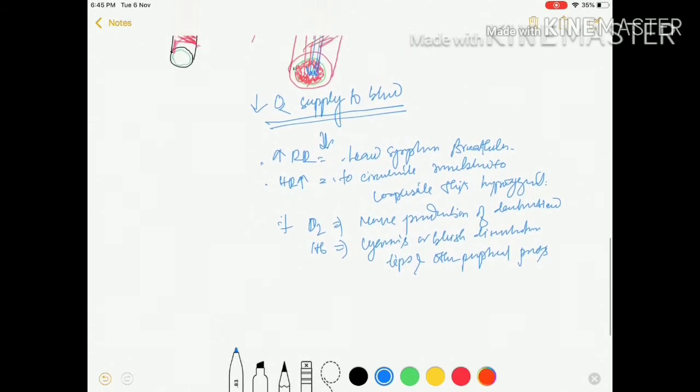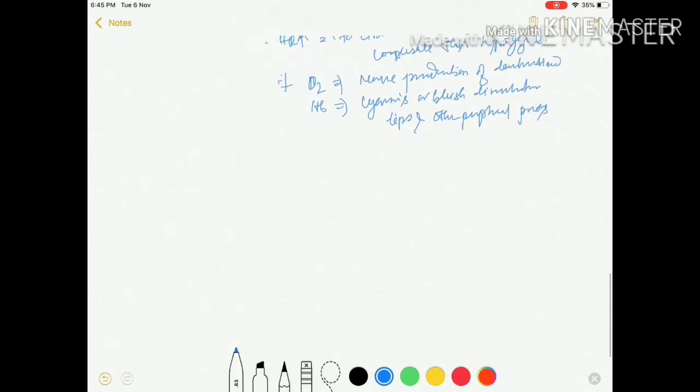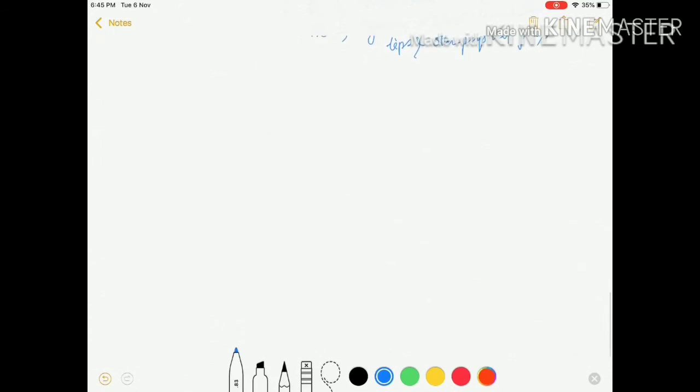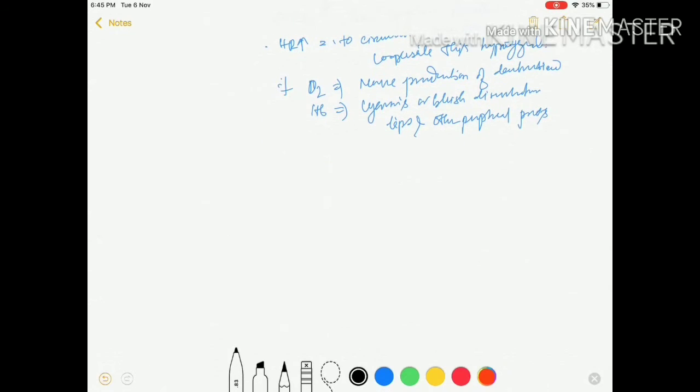But we all know that not everyone suffers from bronchiolitis, so there must be some risk factors. So I will discuss those risk factors that lead to more chances of getting bronchiolitis, and what the main signs and symptoms are after that. So what are the risk factors?